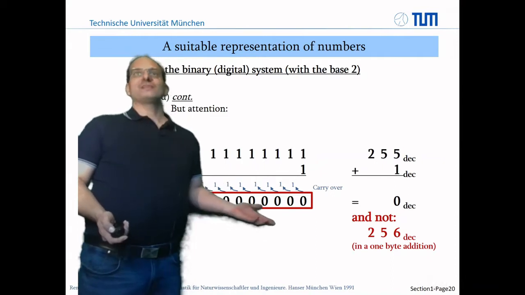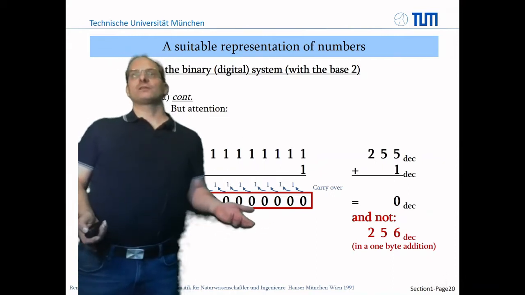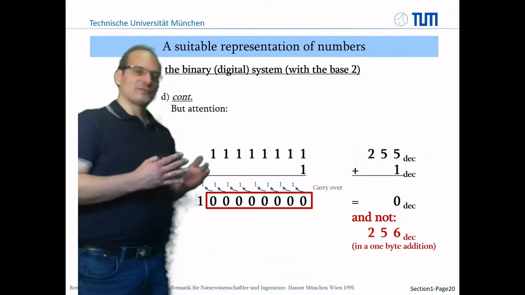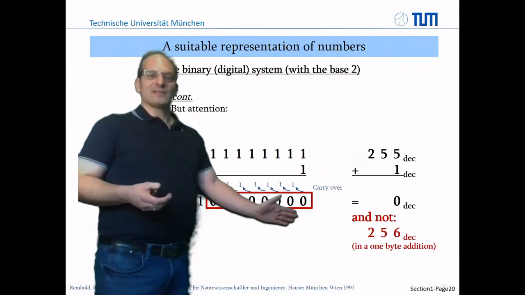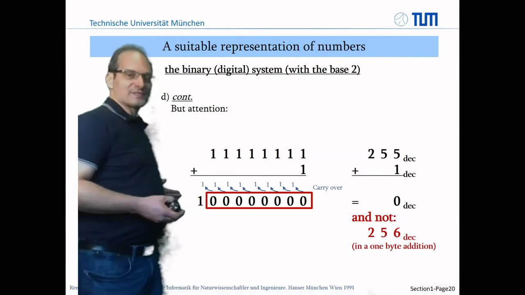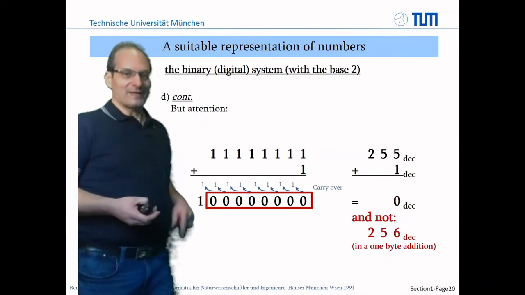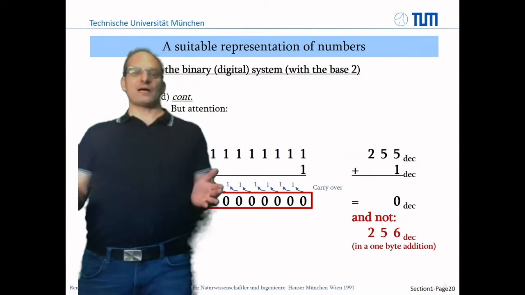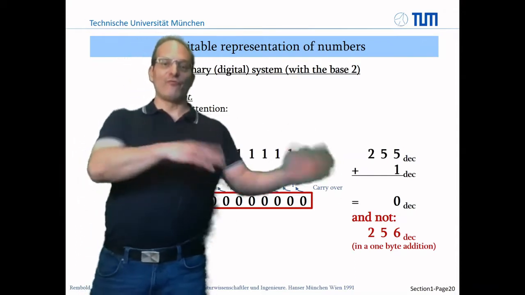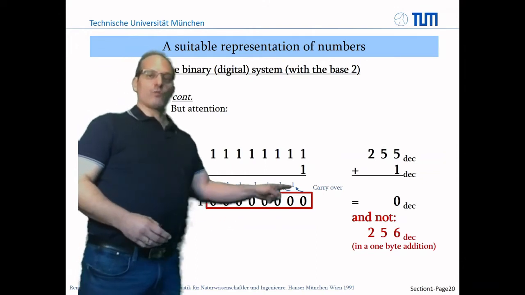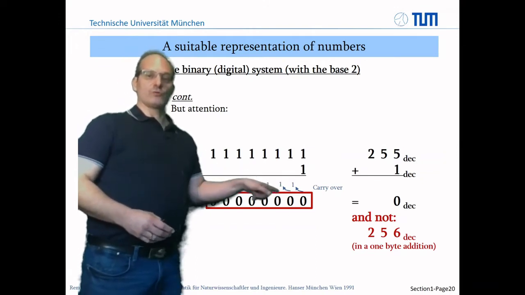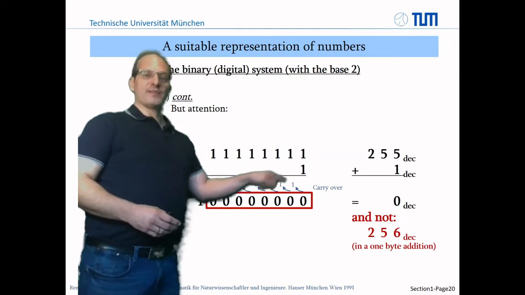If you do these calculations and if you use just bytes, then it might be that the number cannot be represented anymore. So it means that, for example, a number overflows here. So you have 1 plus 1 is 0, carry 1, and then so on and so on.